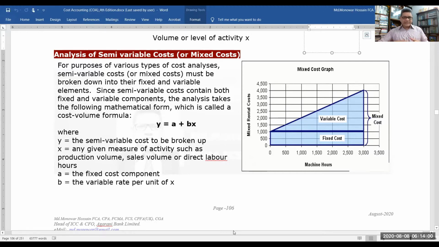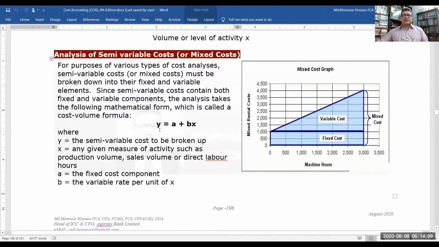The analysis takes a mathematical form, which is called the cost-volume formula: Y equals A plus BX, where Y is the semi-variable cost to be broken up, X is any given measure of activity such as production volume, sales volume, or direct labor hours, A is the fixed cost component, and B is the variable rate per unit of X.